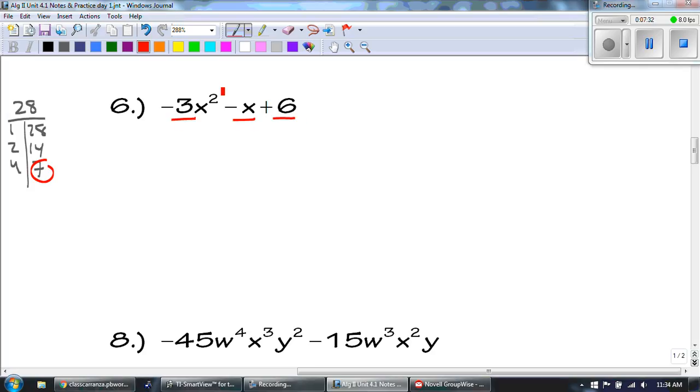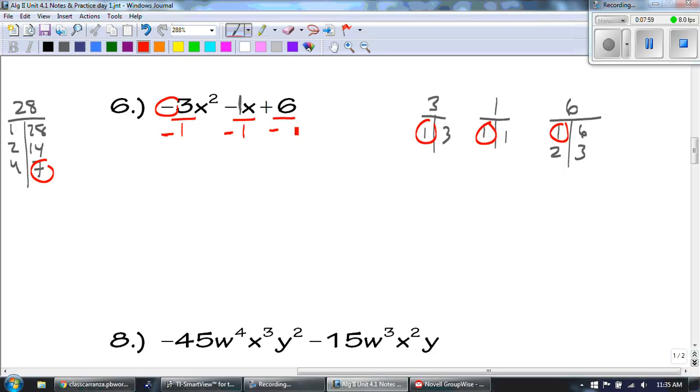All right, the first thing that I notice is that my GCF is negative, or my number out front is negative. Now, let's double check, 3, my GCF is 1 and 3. That's a negative 1, while 1 is just 1 times 1, and 6, 1 and 6, 2 and 3. The only number they have in common is 1, so that's all I can take out.